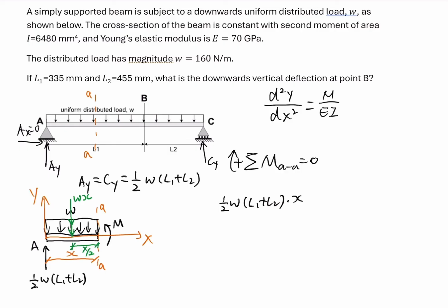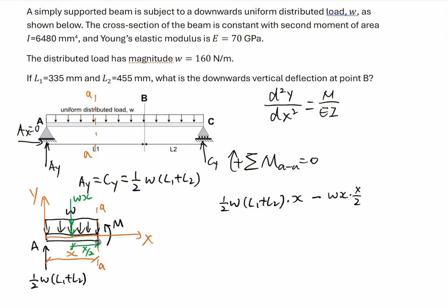So the bending moment is Wx, the resultant force, times the lever arm x over 2. Because this moment is counterclockwise, it is negative.